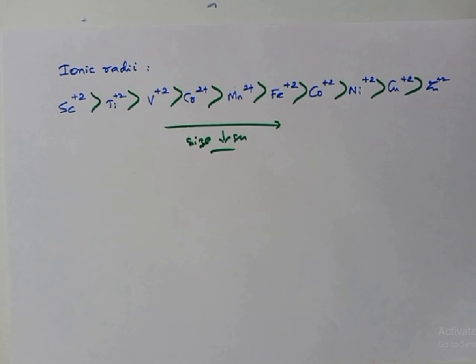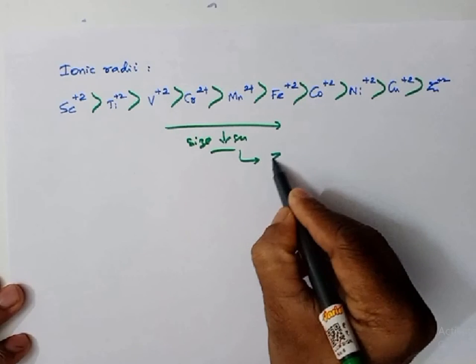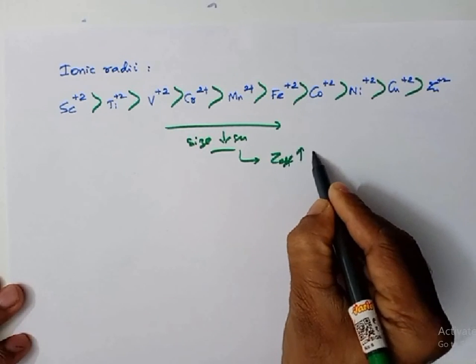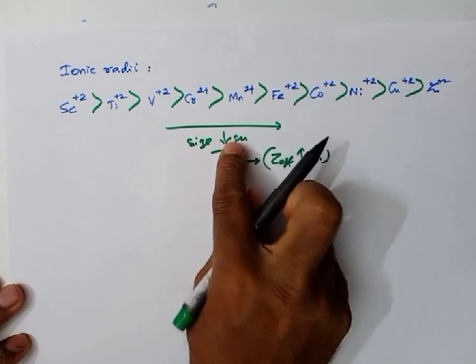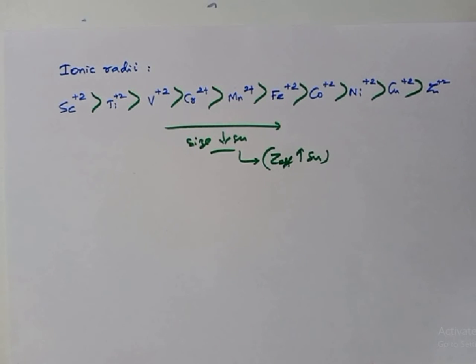Take down, this is what is usually observed. When you move from left to right, nuclear charge increases, effective nuclear charge increases, so size decreases. Why? Because effective nuclear charge increases. This is usually observed, or what we expect normally.